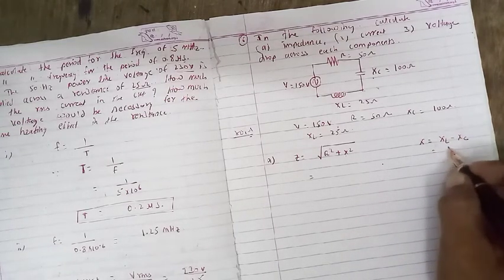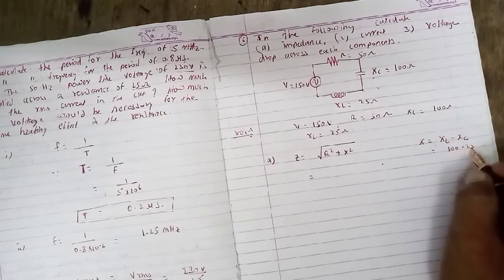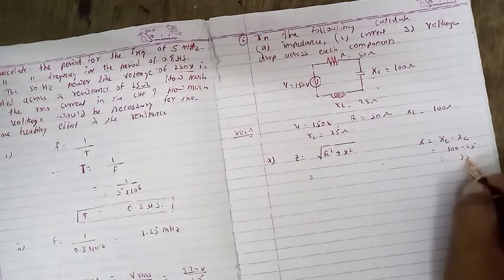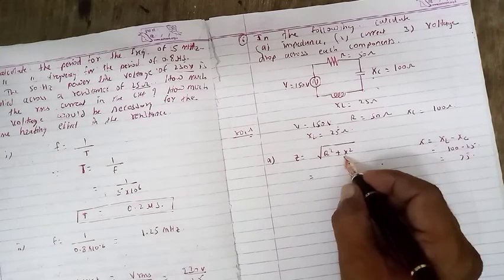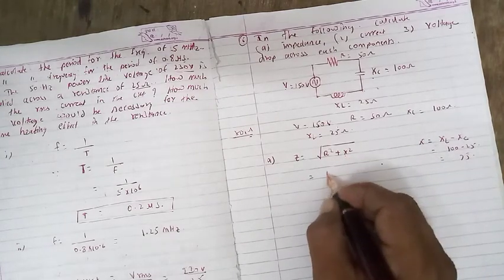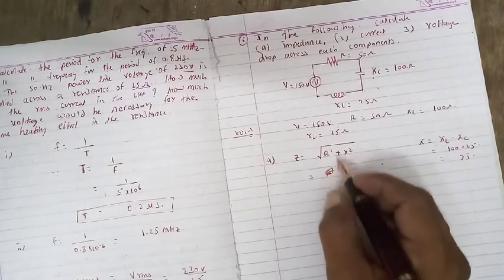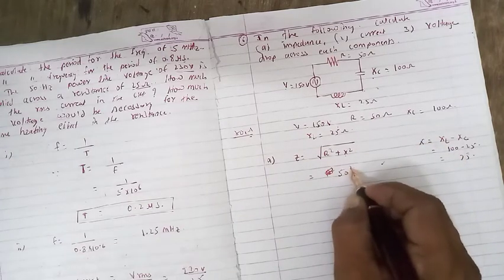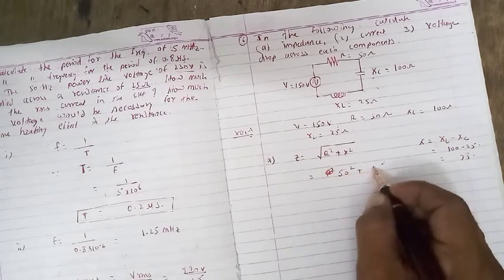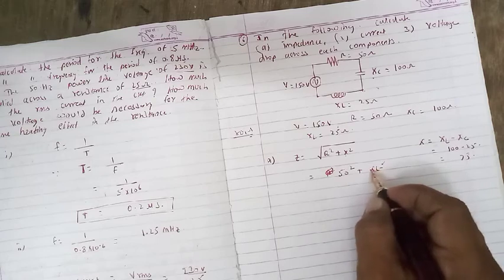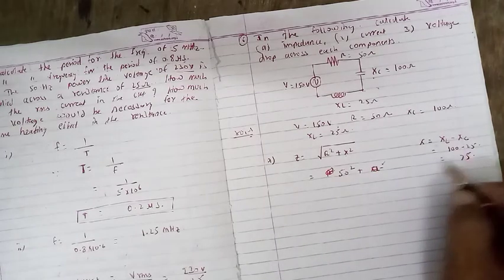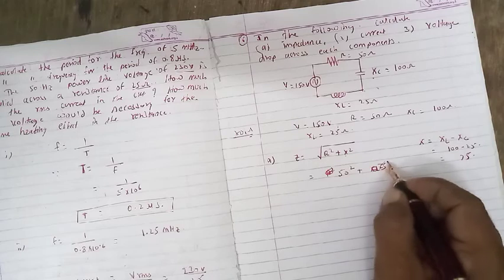This XL minus XC, it is 100 minus 25, which is nothing but 75. So directly you may write down 75 square, or just write down X. What is the value for R? It is 50 square plus XL minus XC. We have found out the value, that is 75.